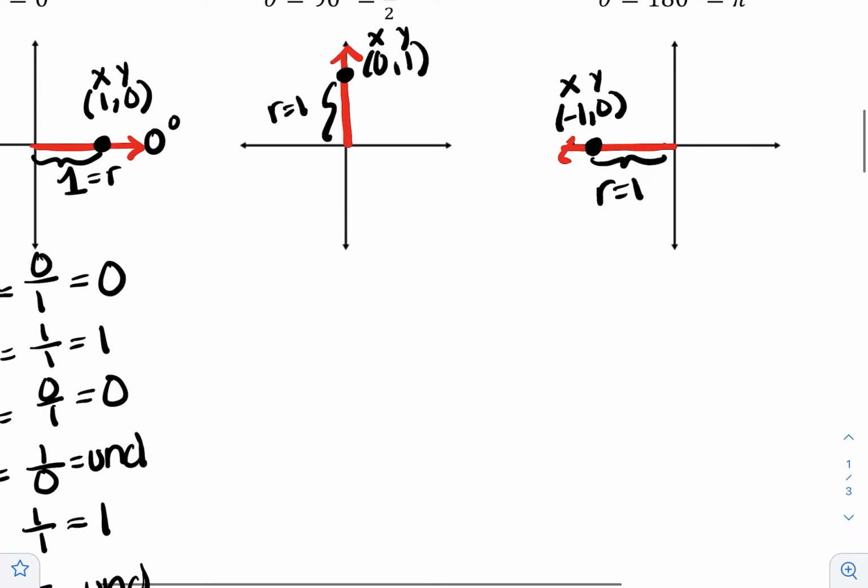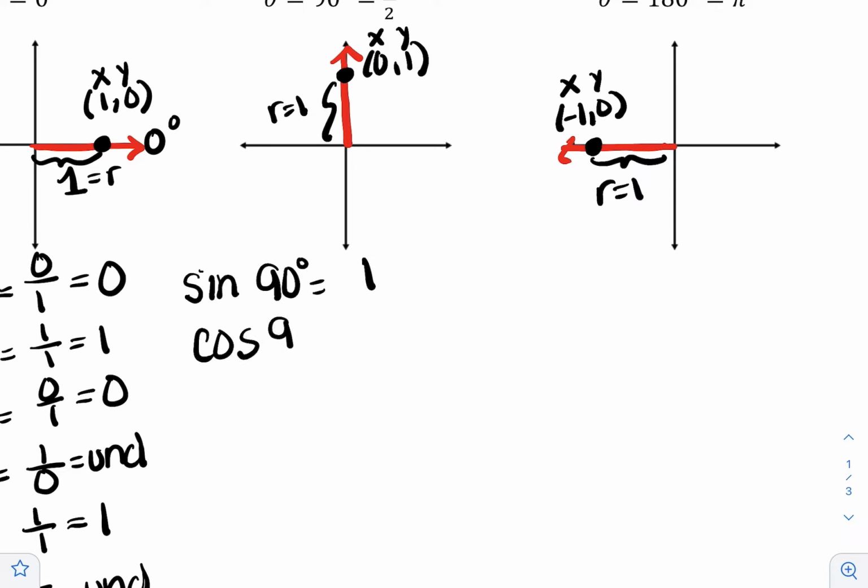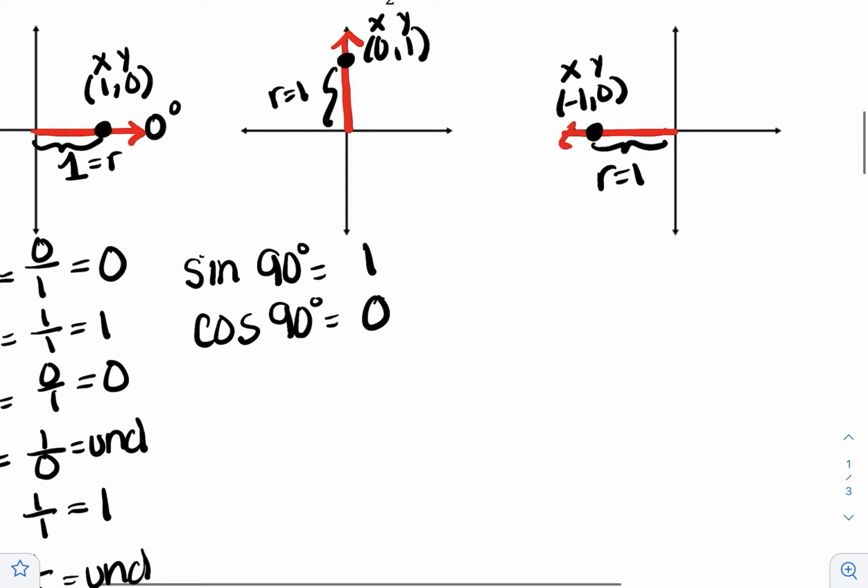So I have the sine of 90 degrees is going to be 1 over 1, which is 1. The cosine of 90 degrees will be 0 over 1, which will be 0. The tangent of 90 degrees is going to be y over x, 1 over 0. That's going to be undefined.